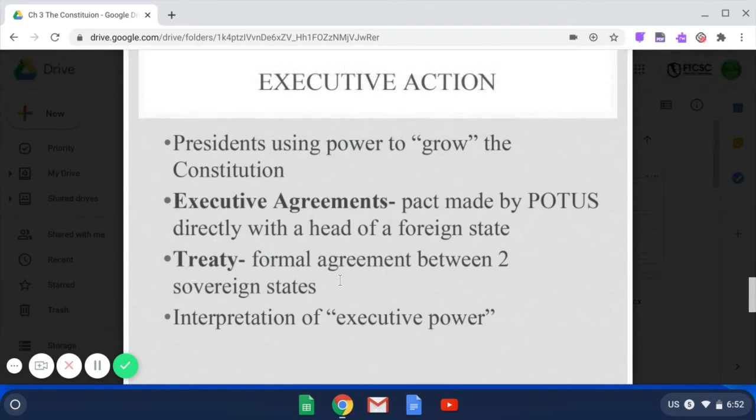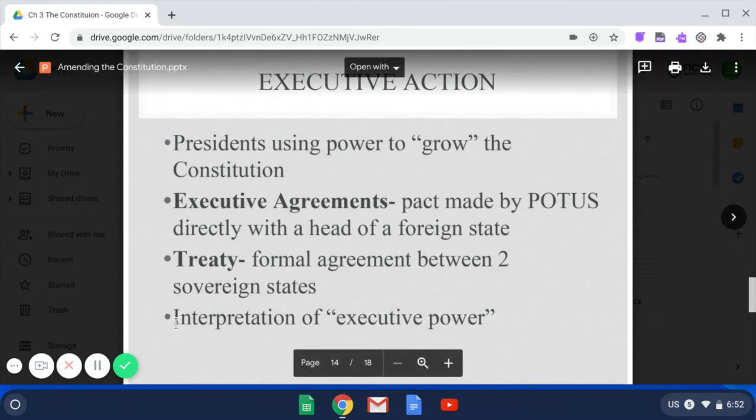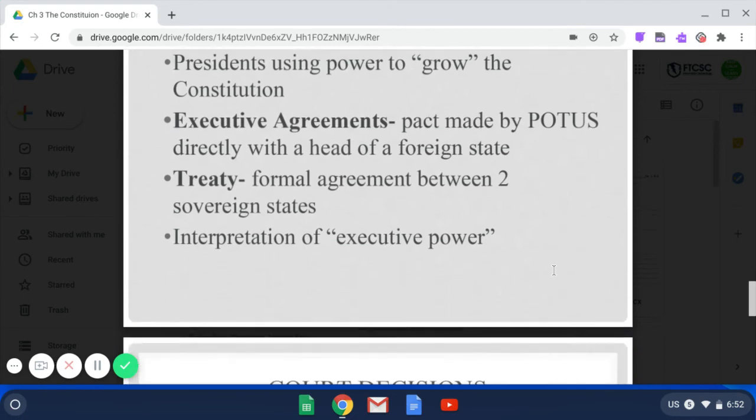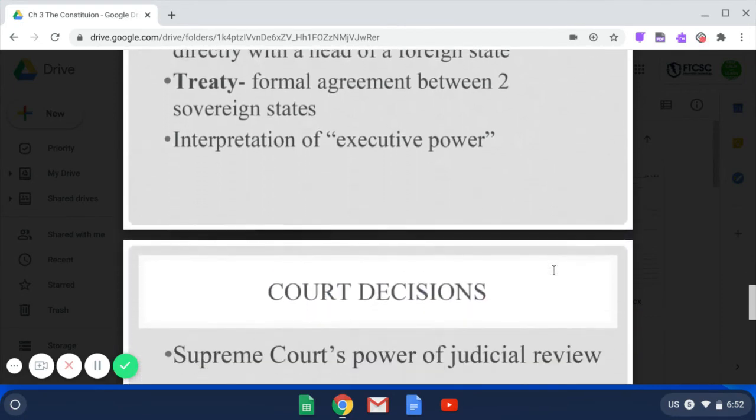The president can also do treaties, and that's a formal agreement between two states. And often, it depends on the president and their interpretation of executive power. However, there's been a call recently to start checking that executive power for fear of authoritarian rule.